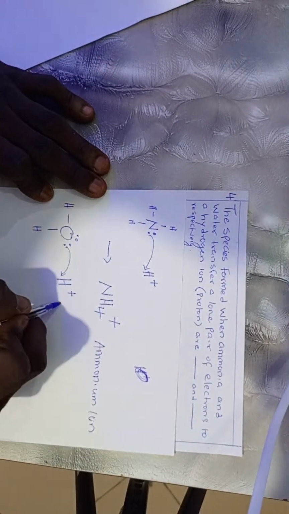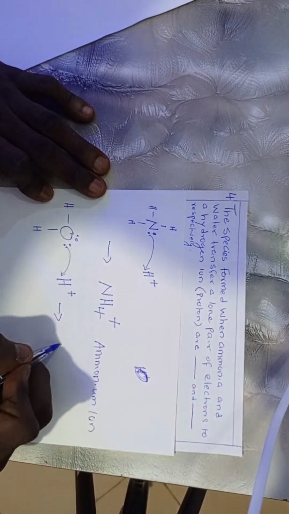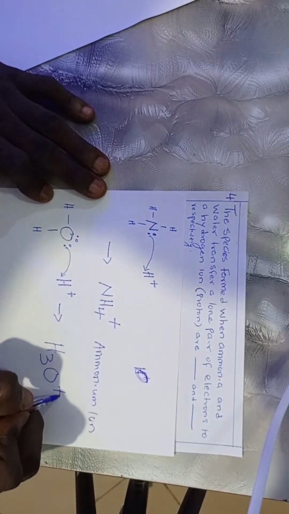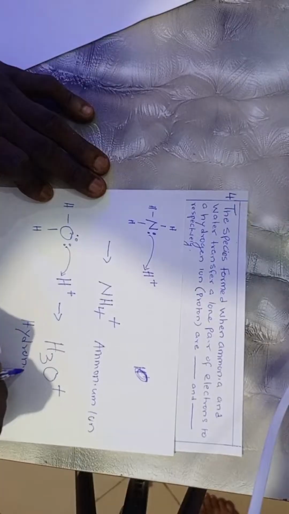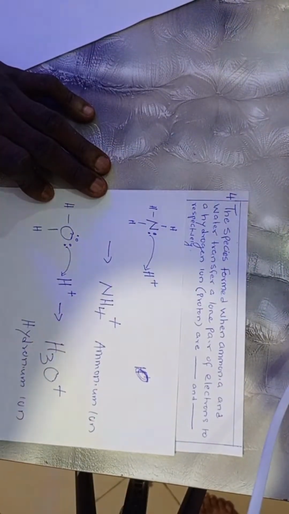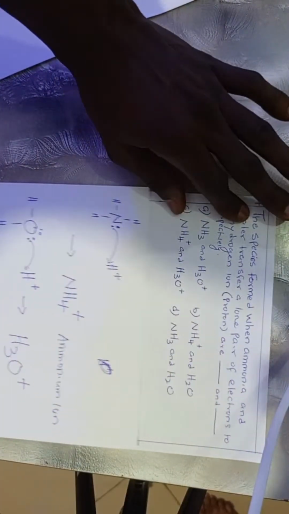So we are going to produce an ion that looks just like this, H3O plus. This one is called hydronium ion.